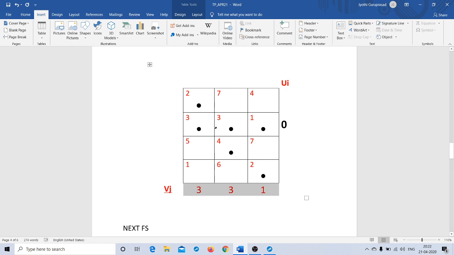That is because we know that cij should be equal to ui plus vj. Since I have 3 here and this is already 0, this becomes 3. Then I calculate the other values of ui. I have 3 here, I have 2 here, so this becomes minus 1. I have 3 here, this is 4 here, so this becomes 1. I have 1 here, I have 2 here, this becomes 1.